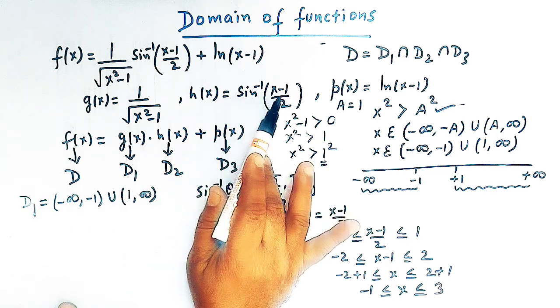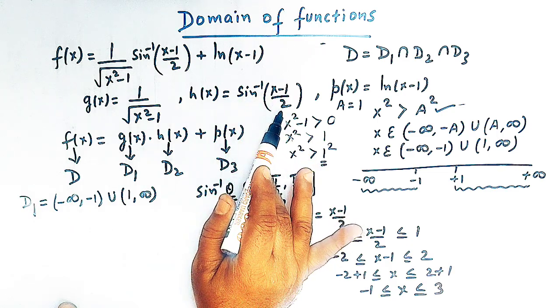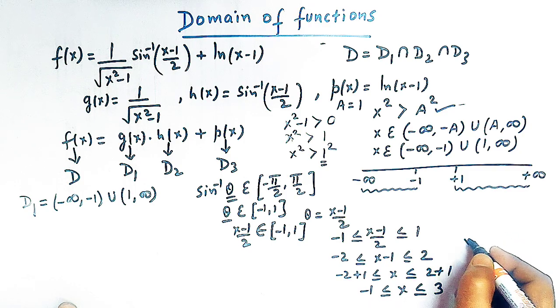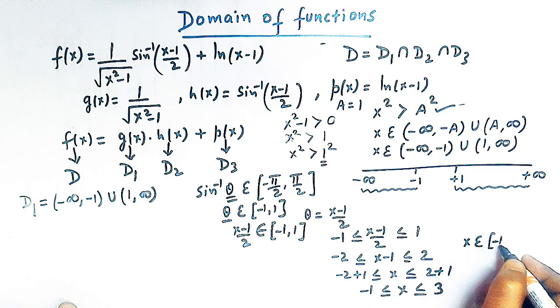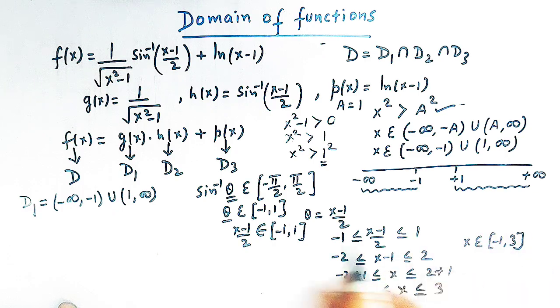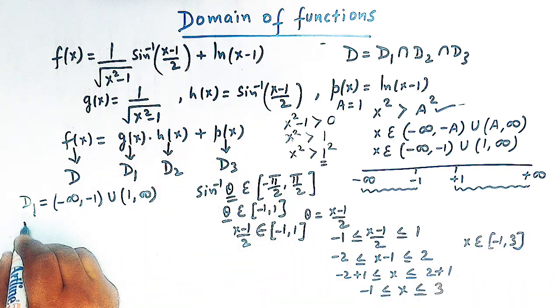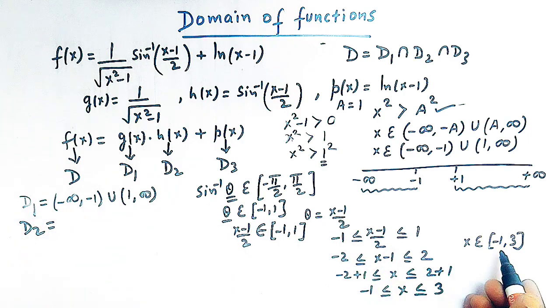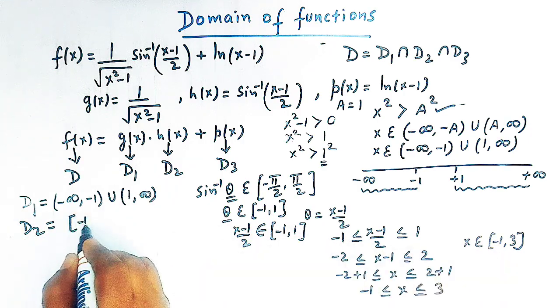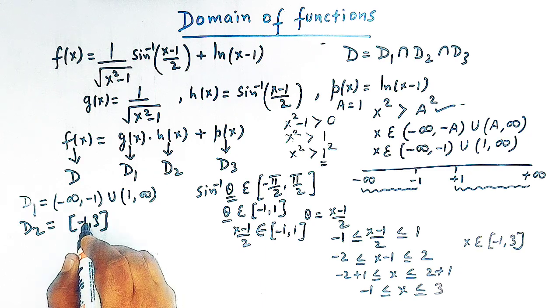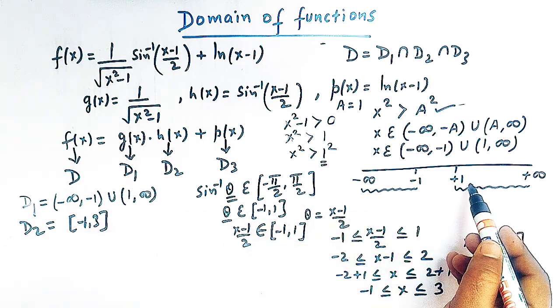So sine inverse of (x minus 1) over 2 is valid for the values of x belonging to the interval minus 1 to 3. So the domain of the function h of x is given by this interval, minus 1 to 3. Let us represent this interval on the real number line.